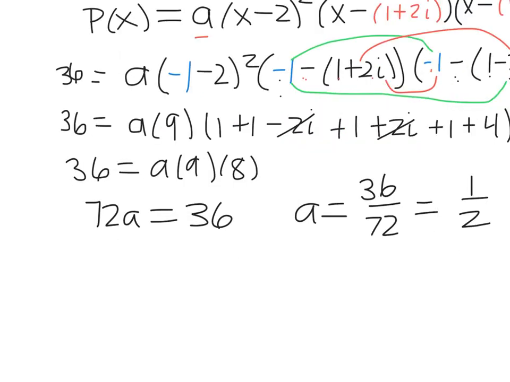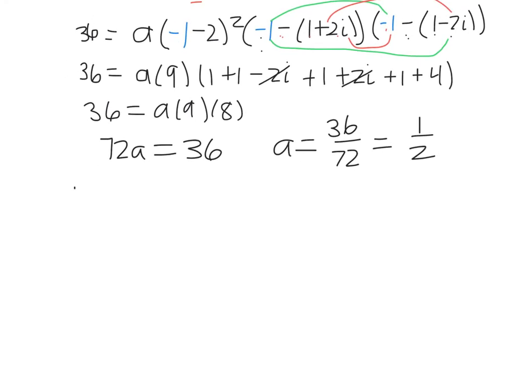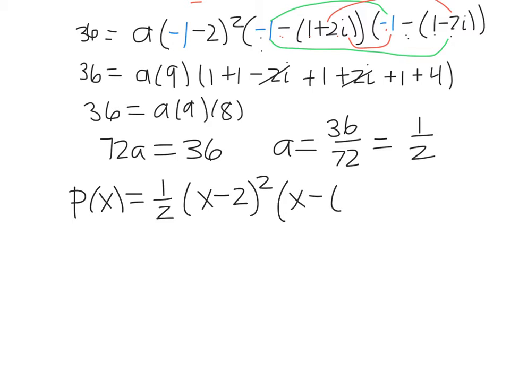Now we want to write down what the polynomial function is. So it's going to be p of x equal to a times x minus 2 squared times x minus 1 minus 2i times x minus 1 plus 2i.